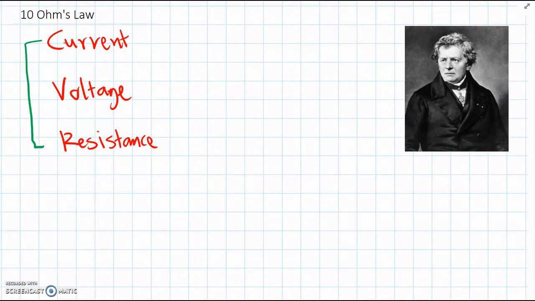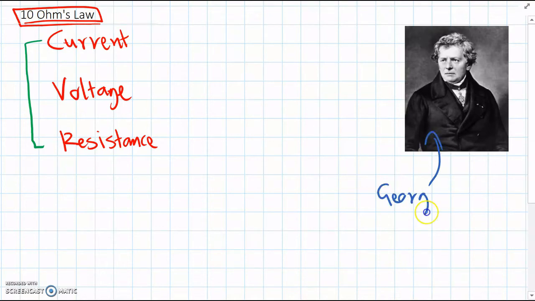And we're going to look in this video at a particular law that a scientist discovered. And the scientist, here's a picture of him here. His name was George Ohm. Or technically it's Georg because he was from Germany.